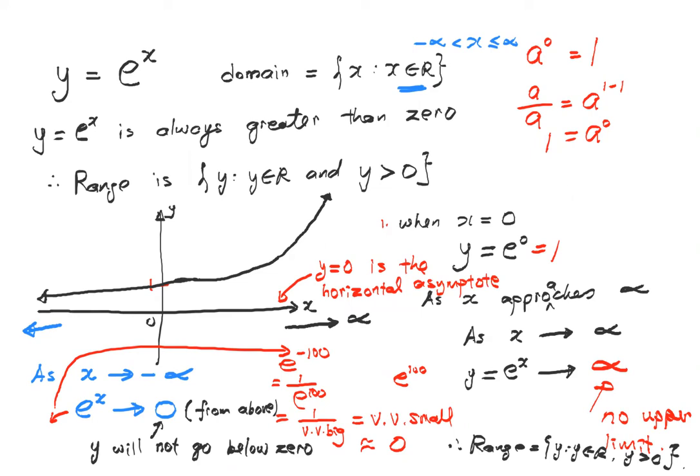The line whereby the function approaches is a horizontal line. That's why we call it horizontal asymptote. Are you clear? Okay. So this is something about exponential function that all of us have to know. Any question, before I quote another example that we can discuss together?